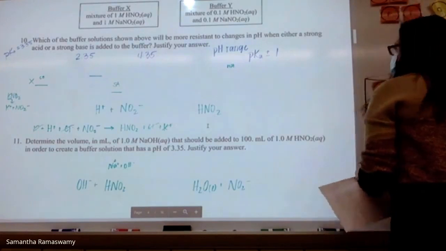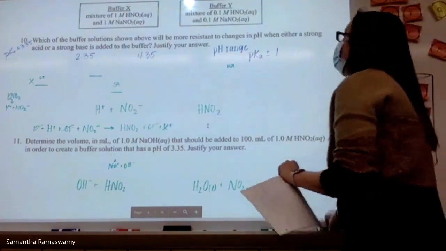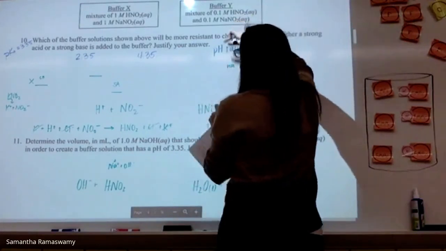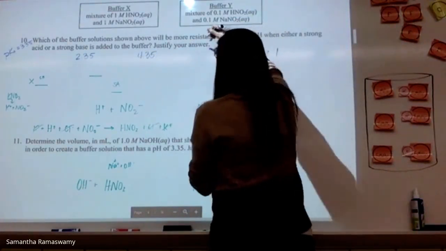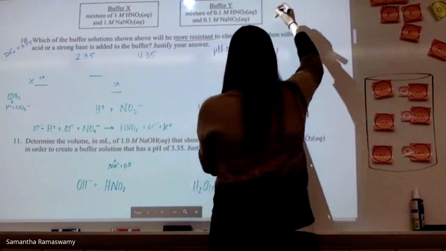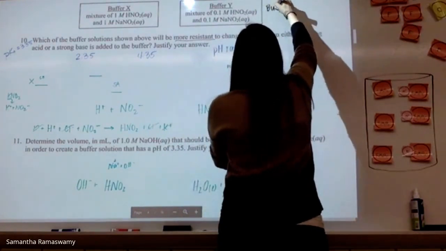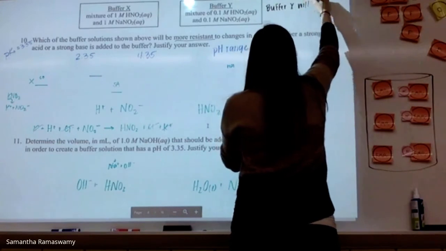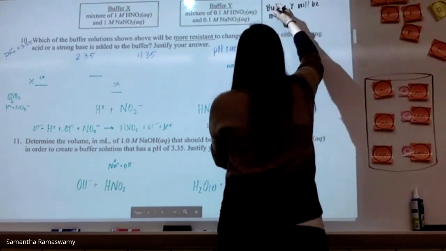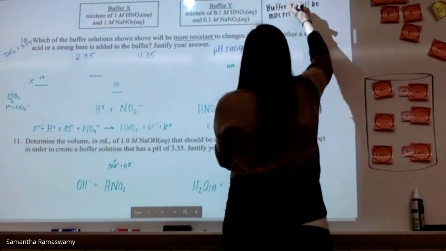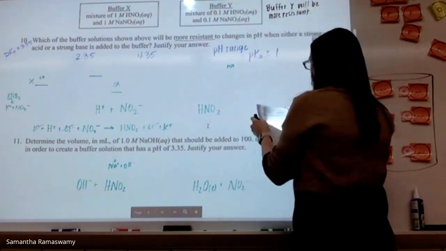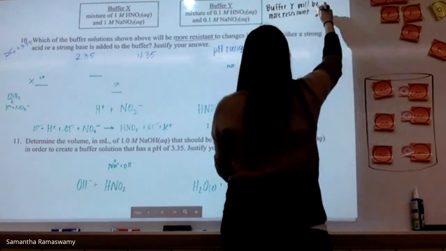So if we answer this question, I'm just going to answer it up here. Which will be more resistant? That's buffer X. So buffer X will be more resistant, because it has a higher concentration.